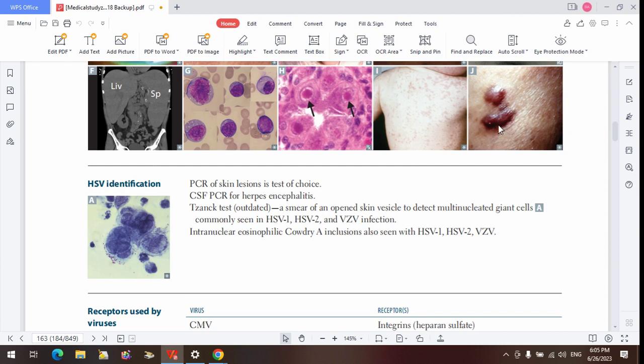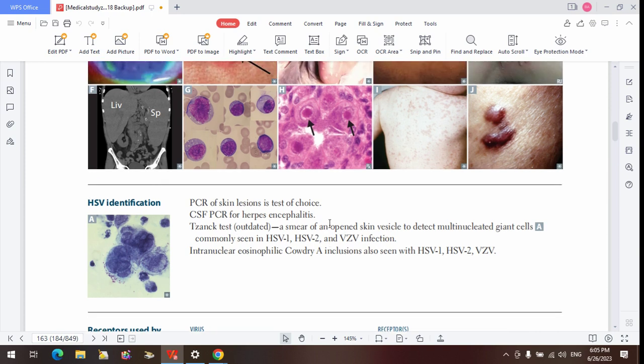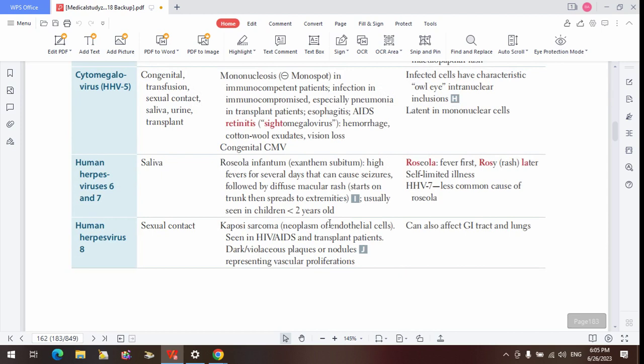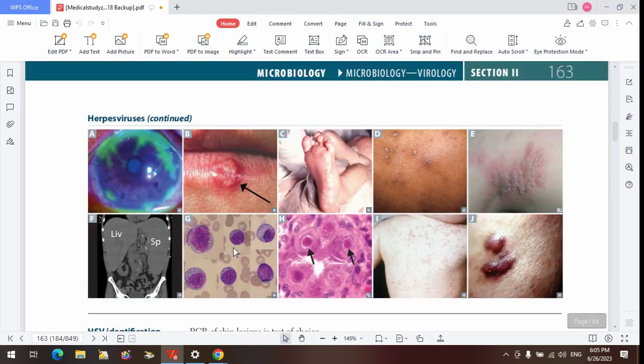Don't forget, one is caused by a bacterium, bacillary angiomatosis, Bartonella henselae, while the other is caused by a virus, human herpesvirus 8, the Kaposi sarcoma virus.